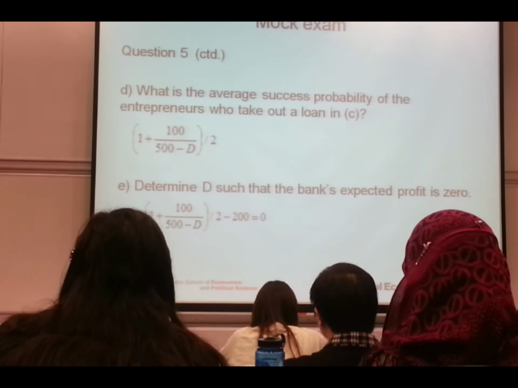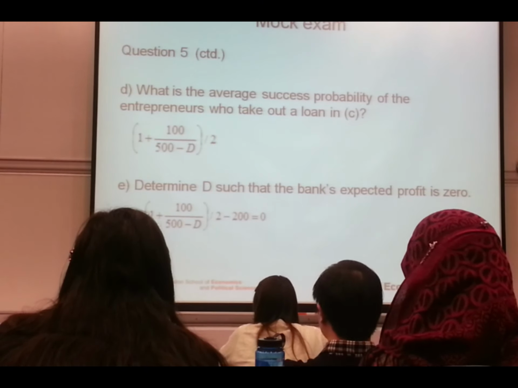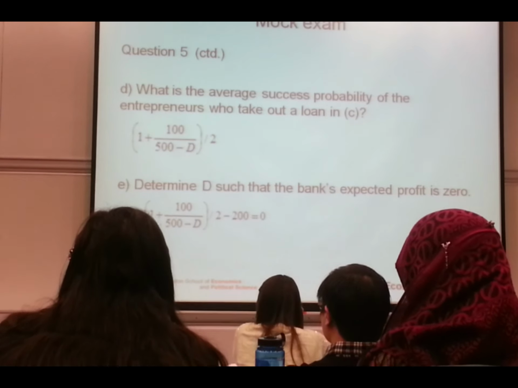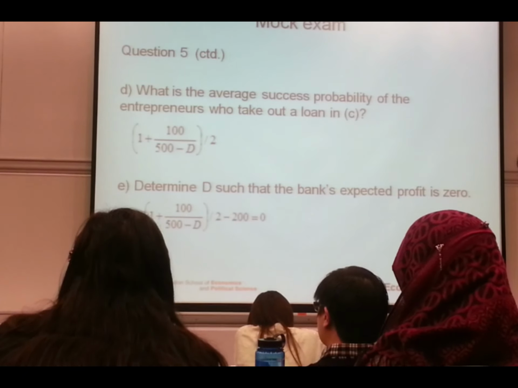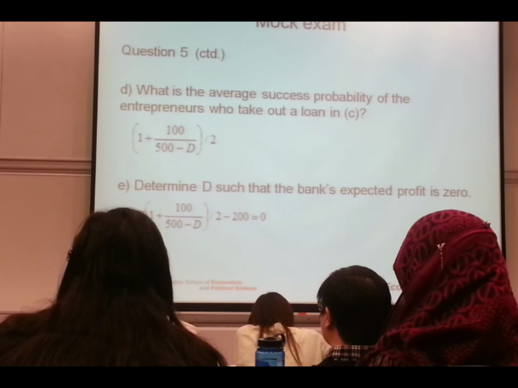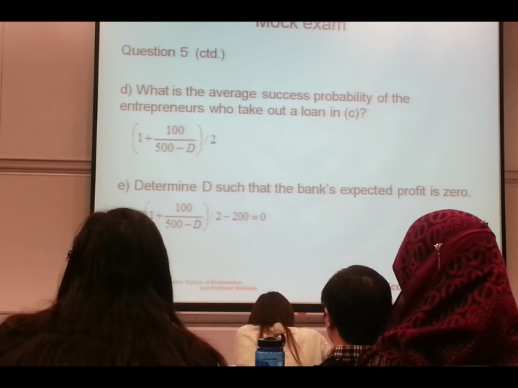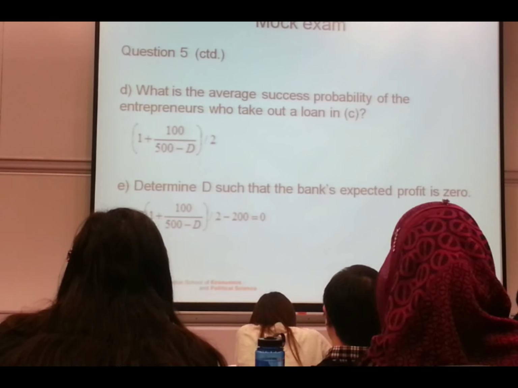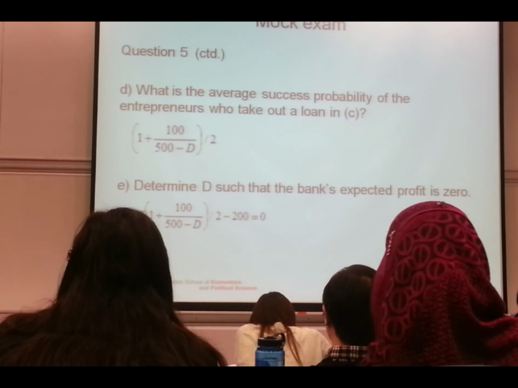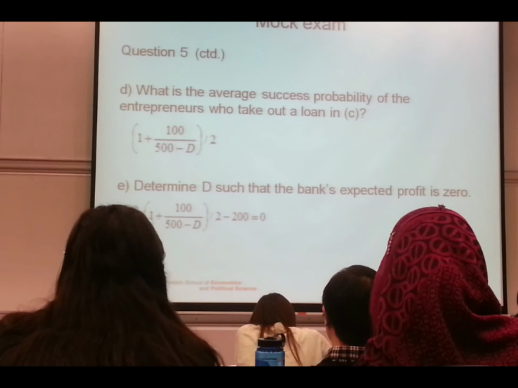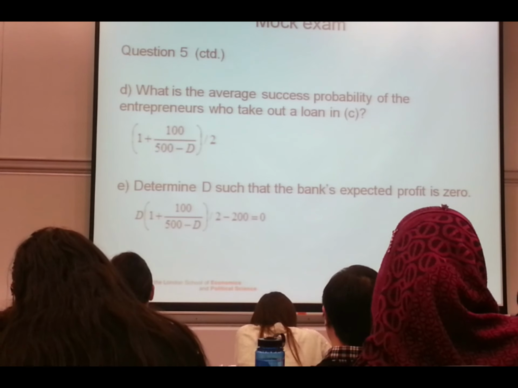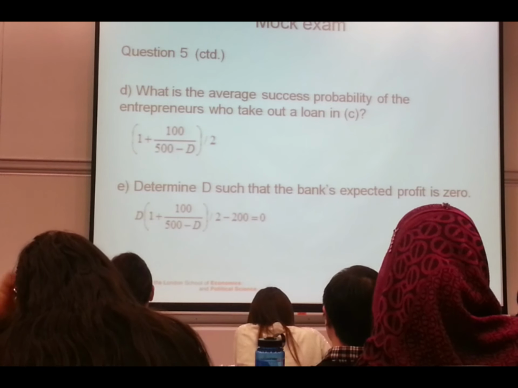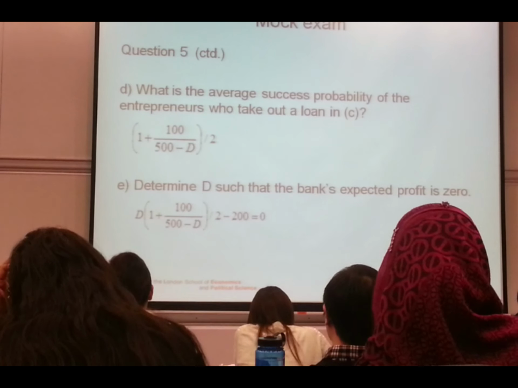So if we have a lower bound of 100 divided by 500 minus D, right? We know from question C that's the minimum probability for which an entrepreneur would want to undertake a project. Okay? That's 100 divided by 500 minus D. We know what the maximum probability of success is. That's 1, right?